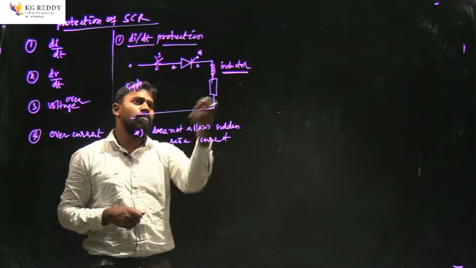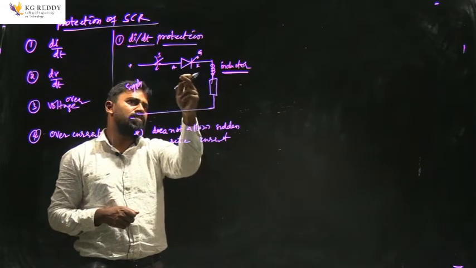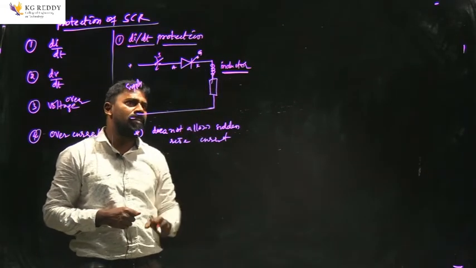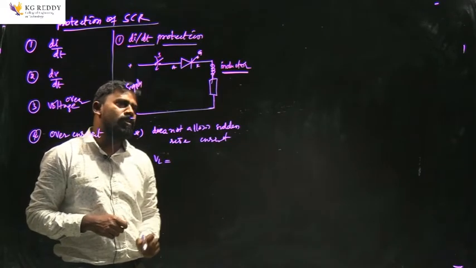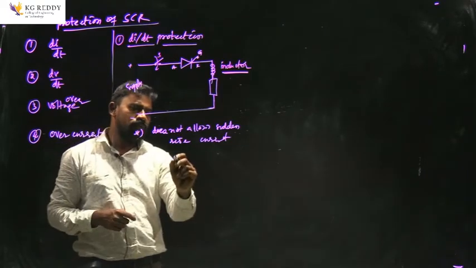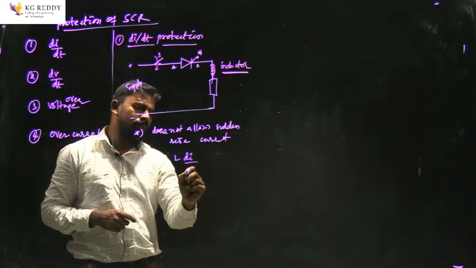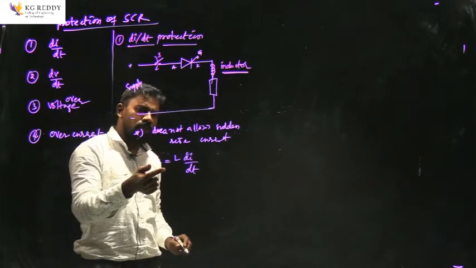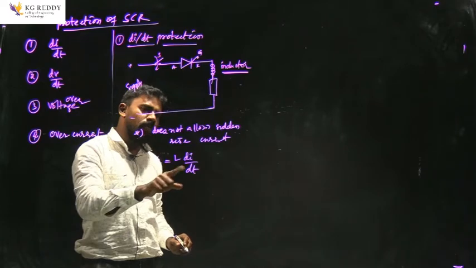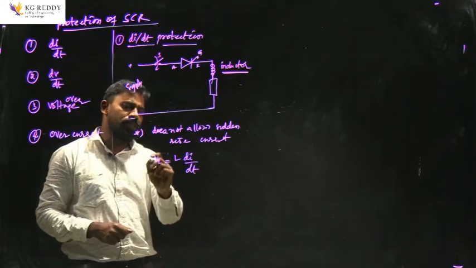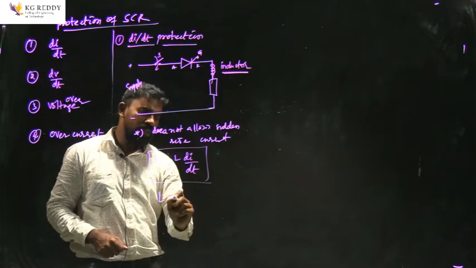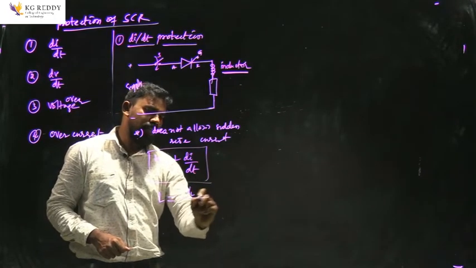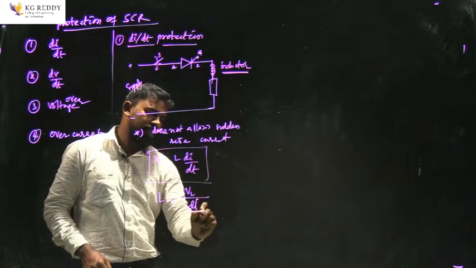How much inductance should we connect in series with the SCR? Now we can see here. The voltage across the inductor is V_L equals L times di/dt. Already we know this formula. From this, L equals V_L divided by di/dt.